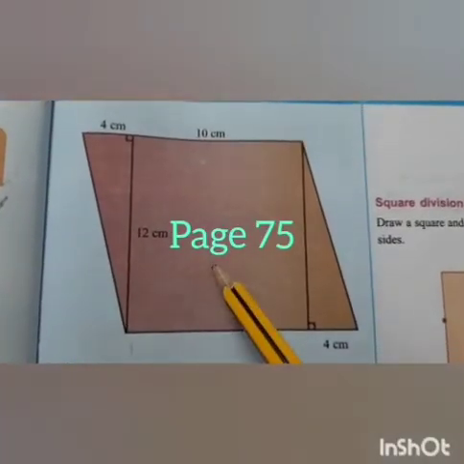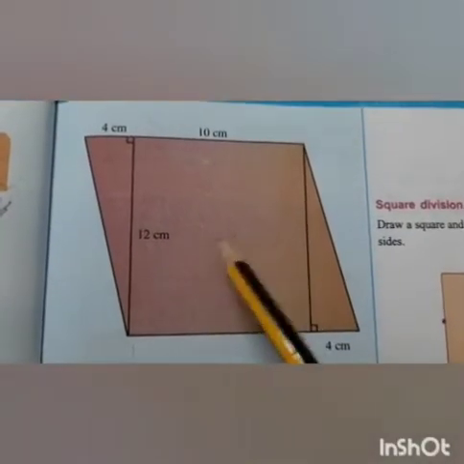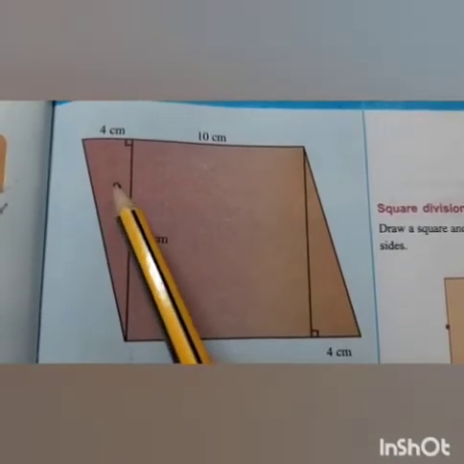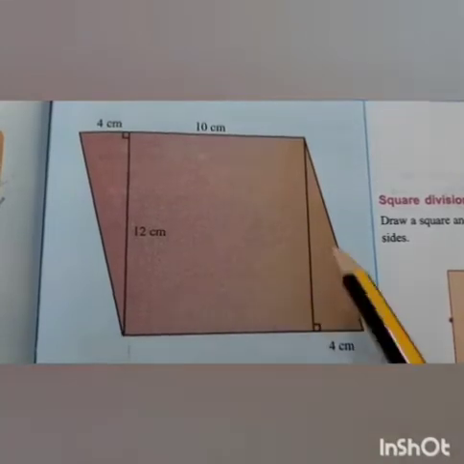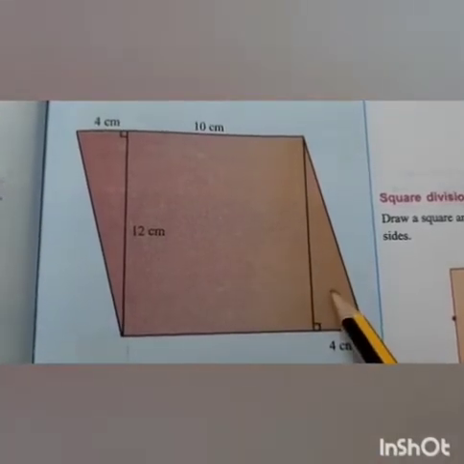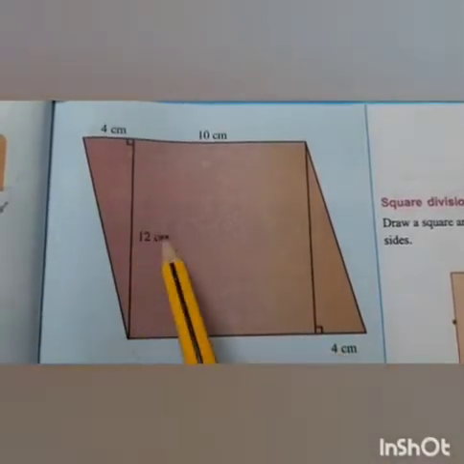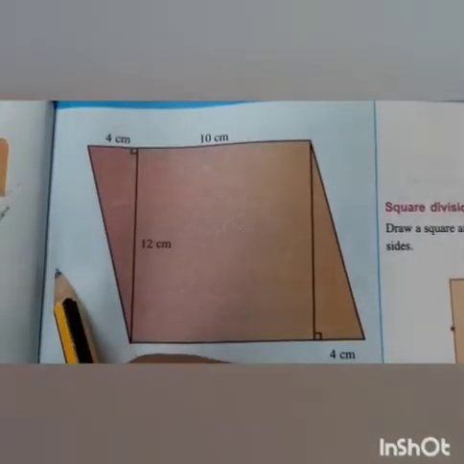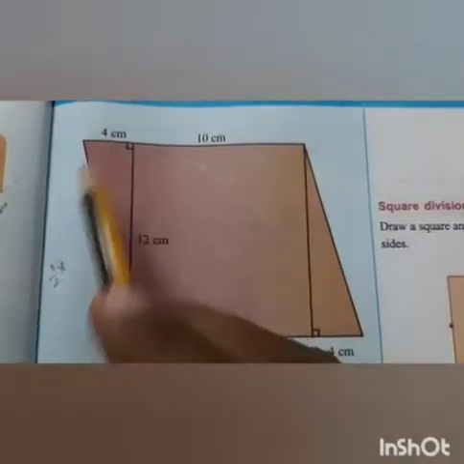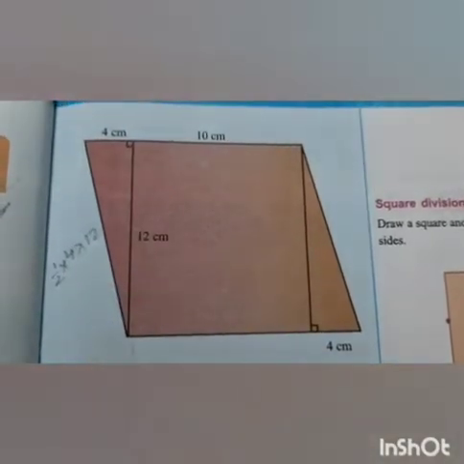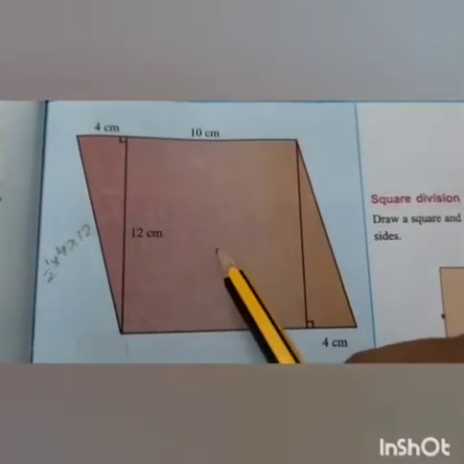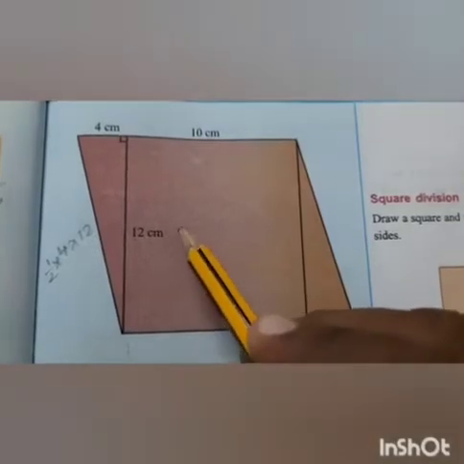These type of questions we did in the first class. First you have to find out the area of this triangle, area of the rectangle, next area of this right angle triangle. So how will you find out the area of this one? That is half into base length 4 into 12. Then area of this rectangle, how will you find out?